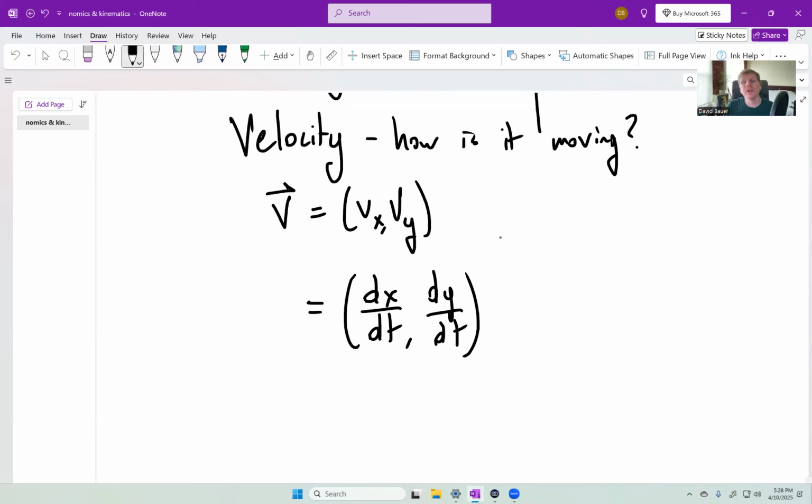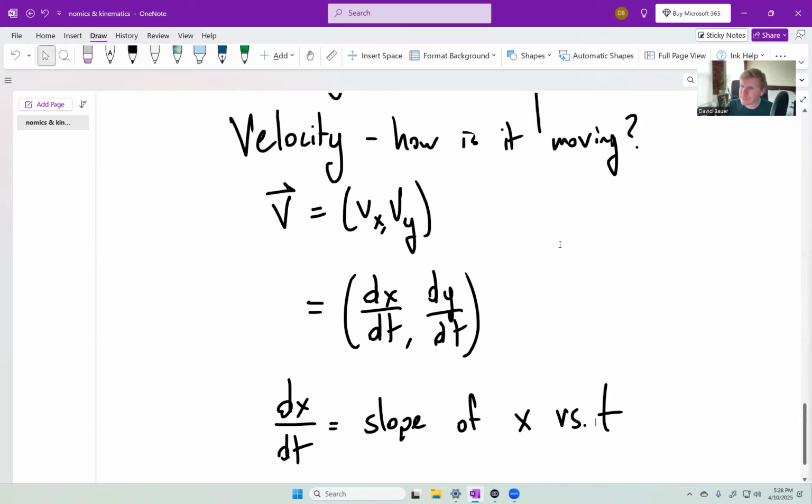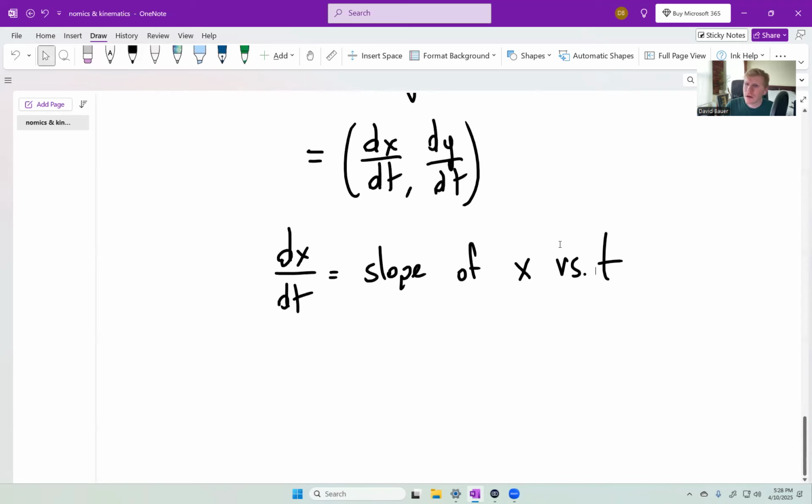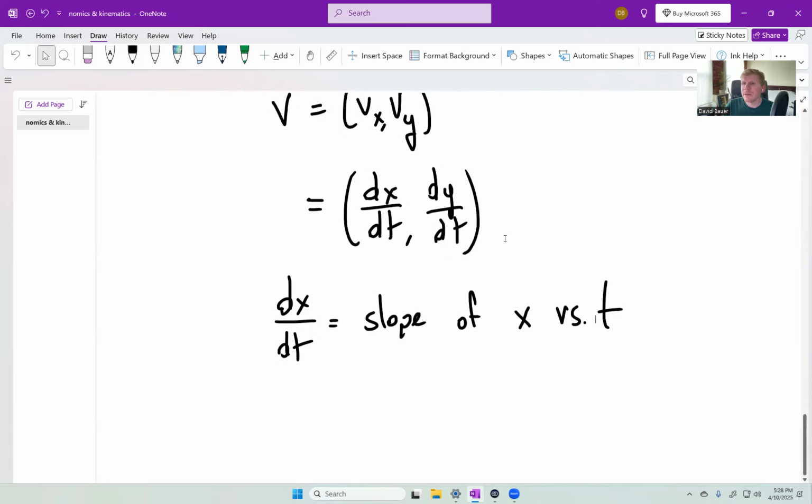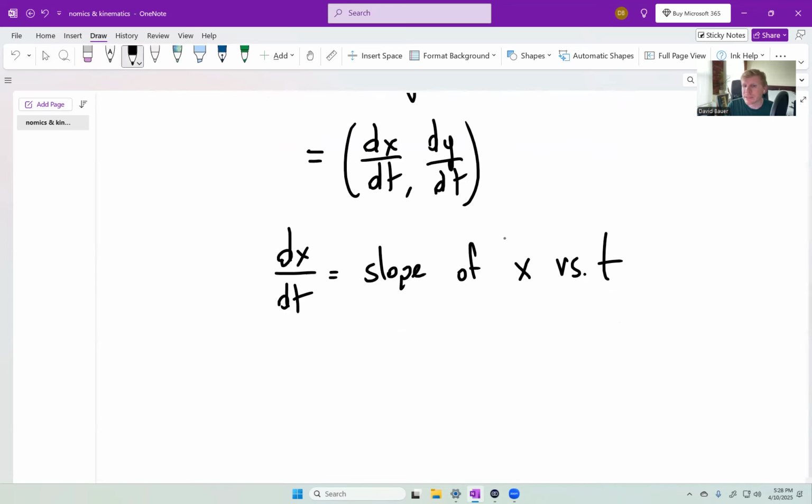As a reminder, you can think about these derivatives as the slope of the tangent line to the respective position graphs. So, for example, dx/dt is the slope of the position versus time graph for the x component, and same thing for the y component. As another reminder, the magnitude of the velocity is called the speed.